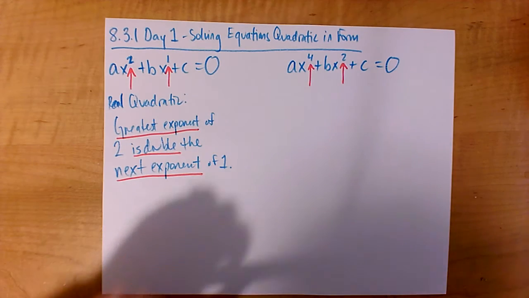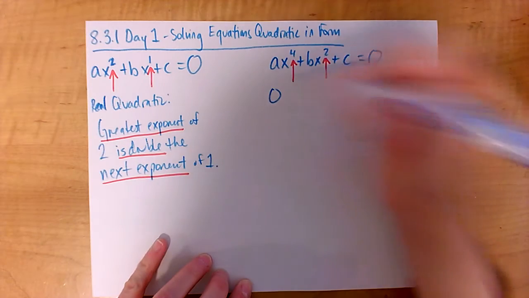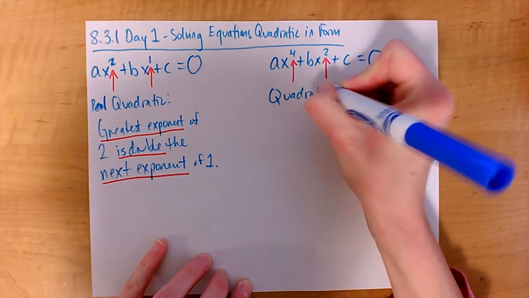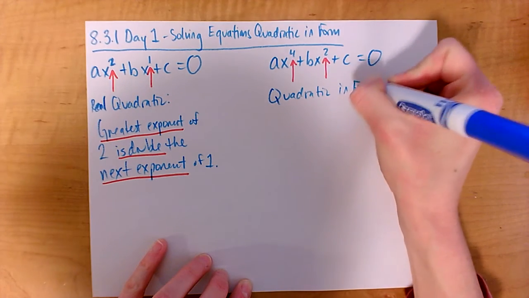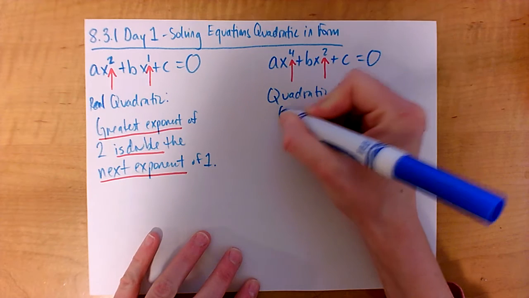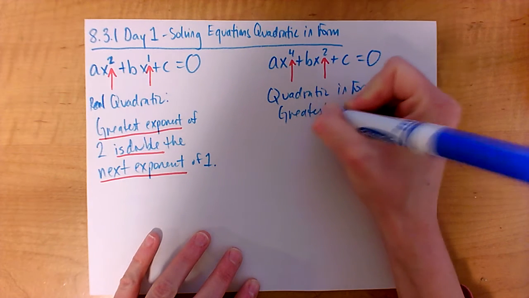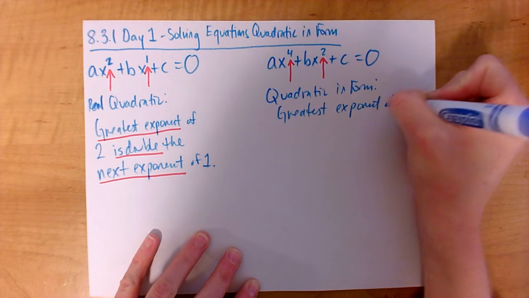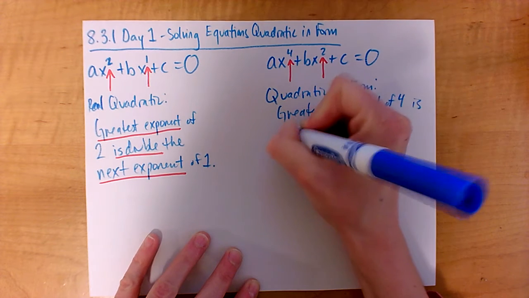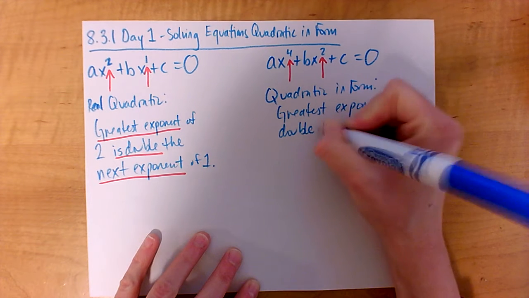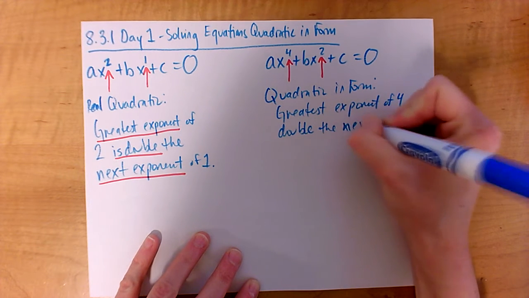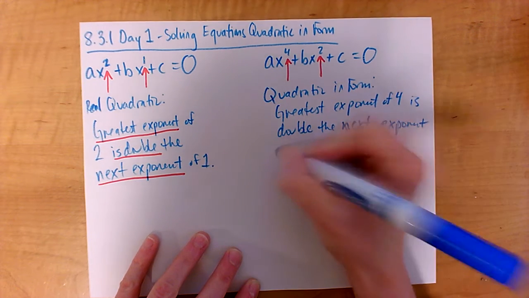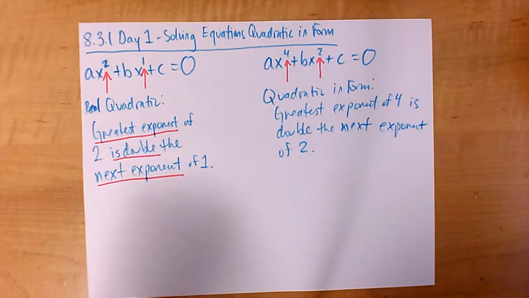So this next example that we pulled up is a quadratic in form, and we could say here that our greatest exponent of 4 is double the next exponent of 2.